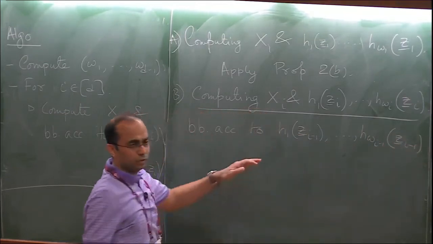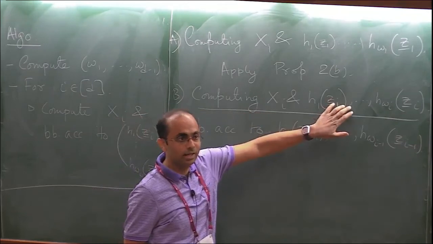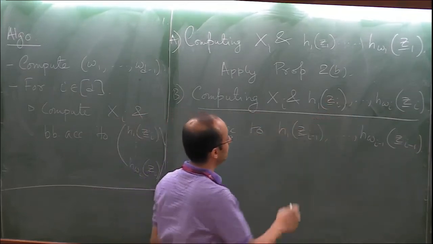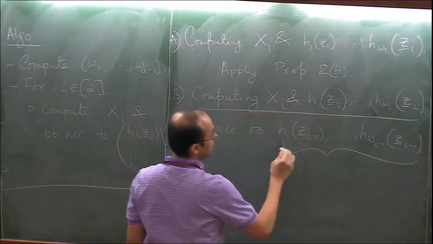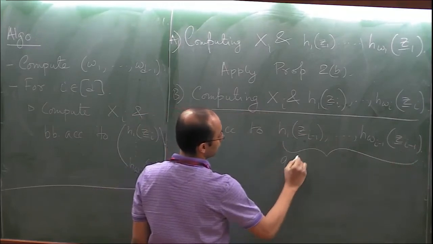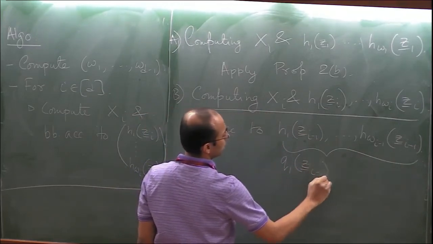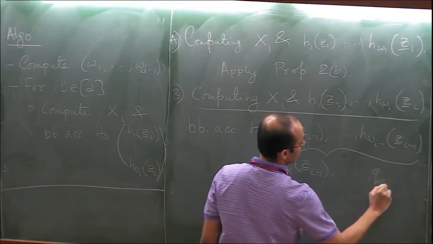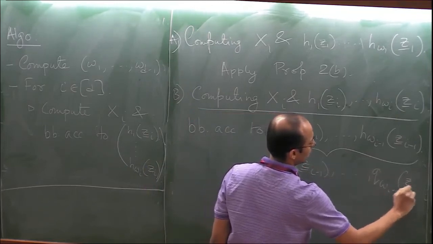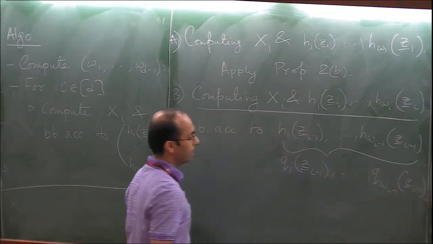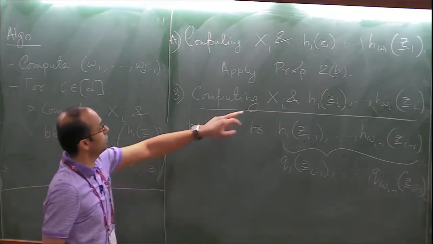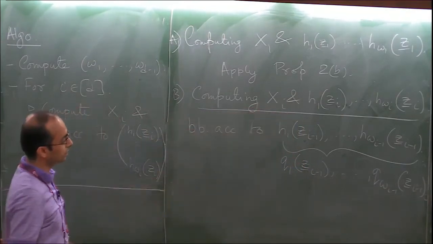So just so that we don't confuse these h's with those h's, let me denote these previous h's by q_1's. This is what we know. So the task is to find x_i and the next frontier.